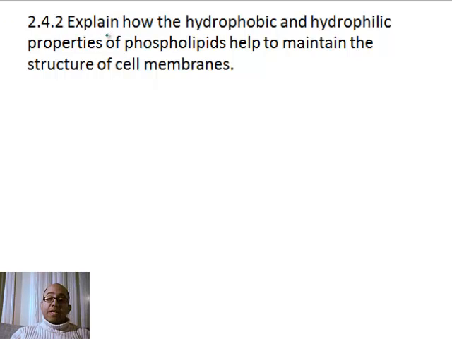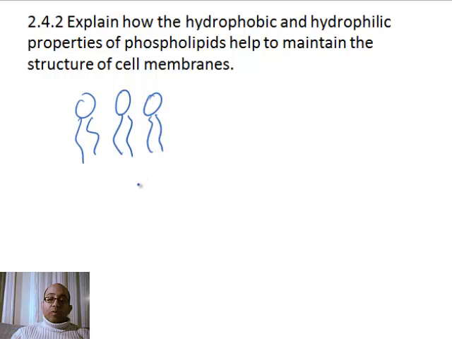So the next assessment says, explain how the hydrophobic and hydrophilic properties of phospholipids help to maintain the structure of cell membranes. So if we draw our phospholipids, we realize that if there's water on the outside of the cell and there's water on the inside of the cell, you can't have just one layer. The tails will not want to be near the water because the tails are hydrophobic.